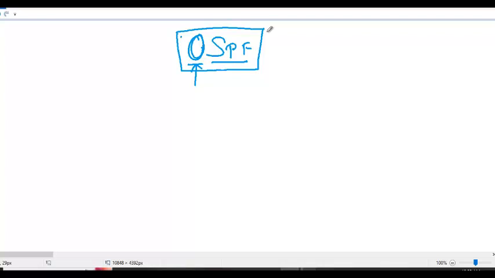Every protocol has got some number to identify it. You and I speak the English word OSPF, but the operating system that runs this protocol needs to know who is talking. If OSPF is talking, it needs to say 89. I am IP protocol number 89 speaking.